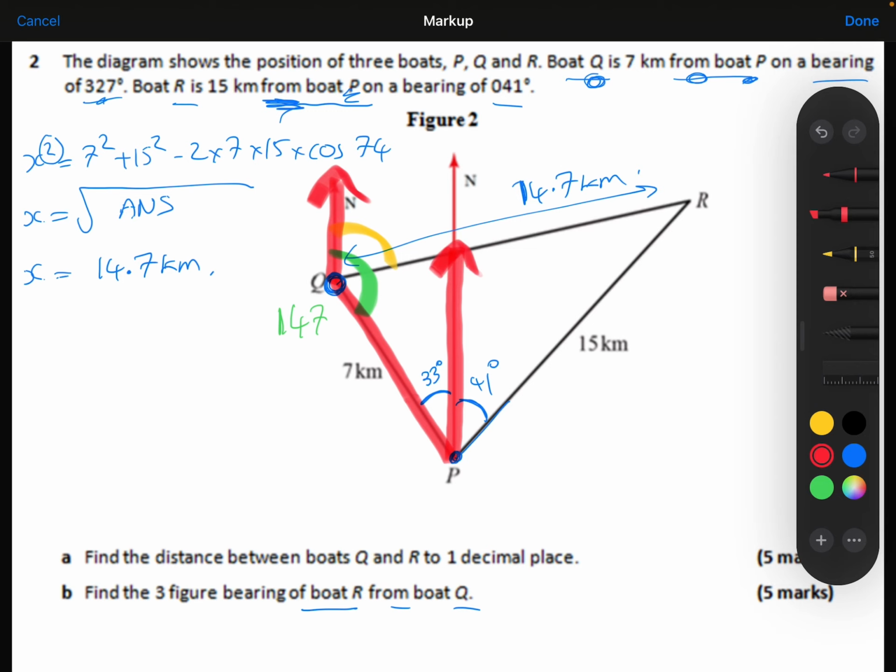So 180 take away 33 is 147. So now I know that that angle there is 147. All I need to do is work out this angle. I'll call it A. And then take it away from 147, and that will give me the yellow angle, which is the bearing that I want to work out.